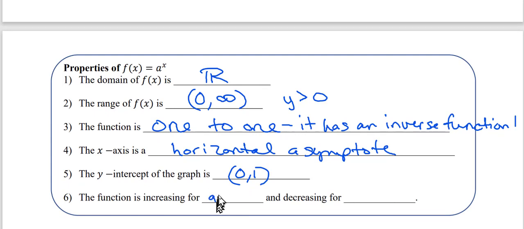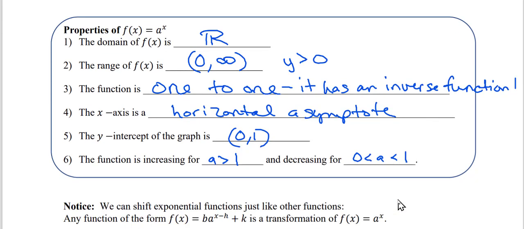A function is increasing for a greater than 1, and it's decreasing for a between 0 and 1. Those are some properties of exponential functions without any transformations on it.